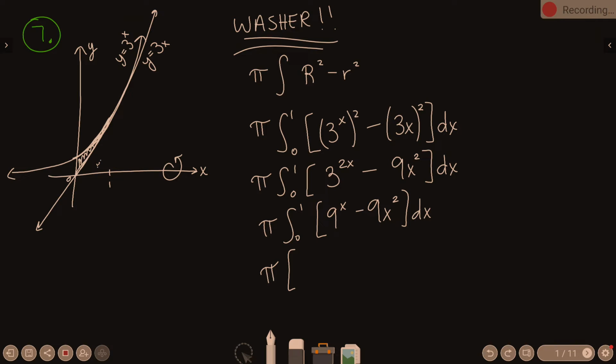The integral of 9 to the x is 9 to the x divided by natural log of 9, right? Yeah. So it's a to the x over ln a. I think so. I'm double checking myself here.